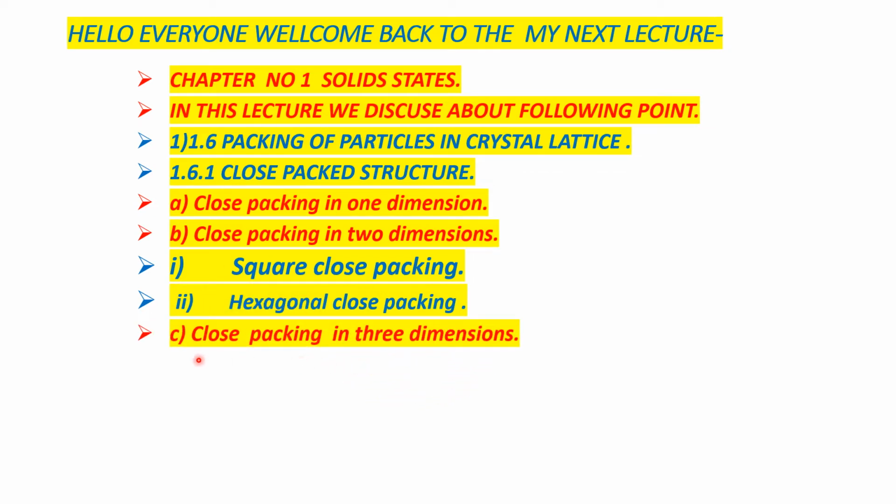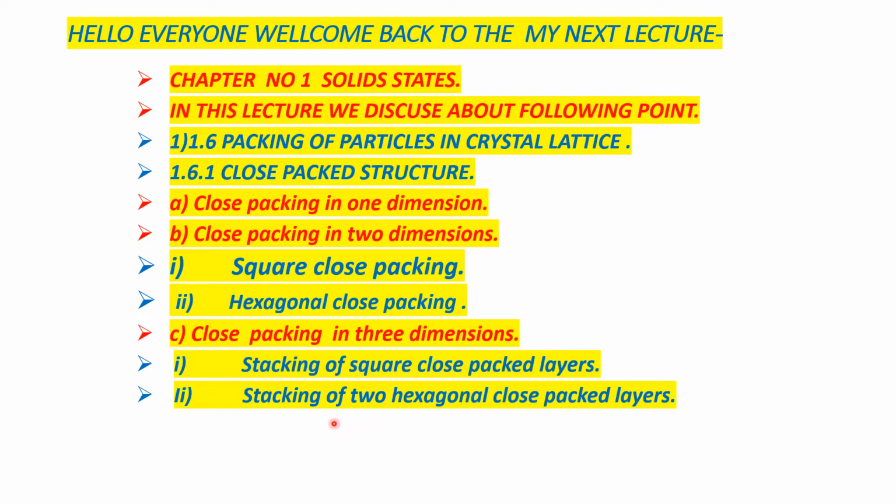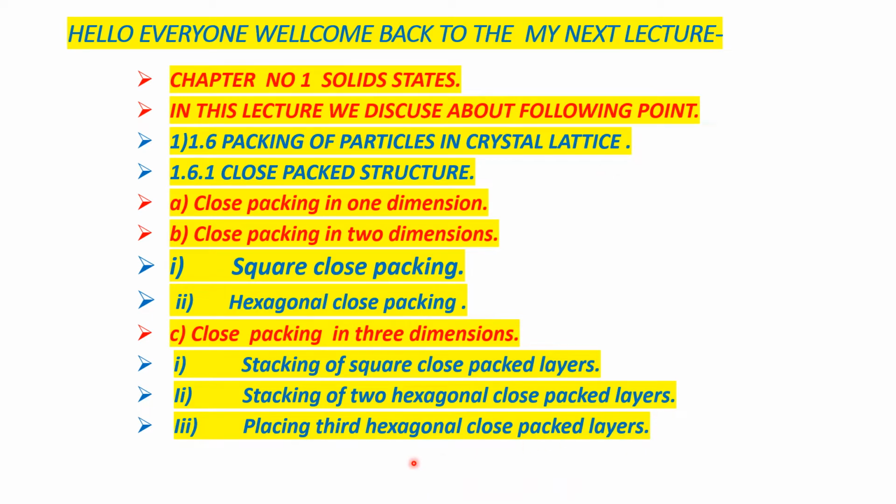After this, the C part, that is close packing in three dimensions. Here also it is divided into three parts. First is stacking of square close packed layers. Second one, stacking of two hexagonal close packed layers. And third one, placing of third hexagonal close packed layers.